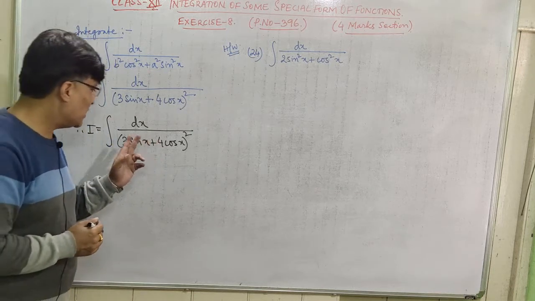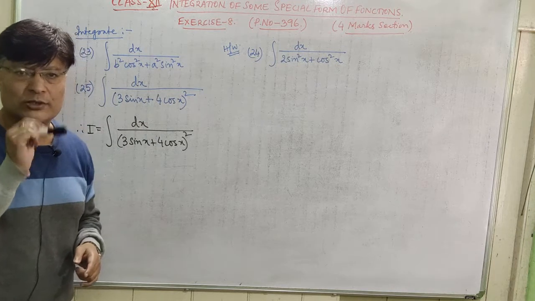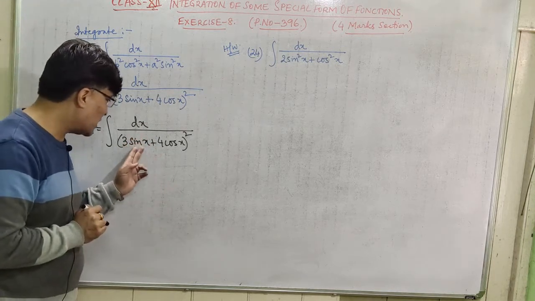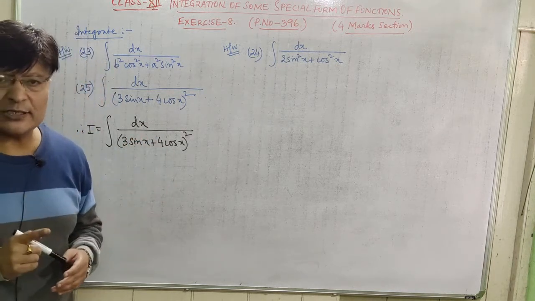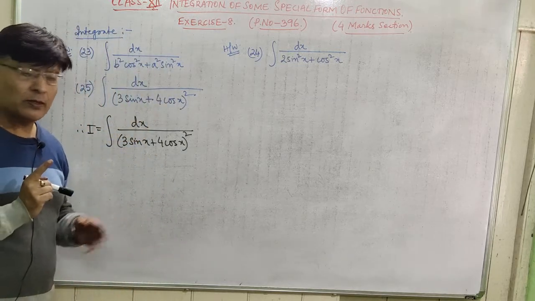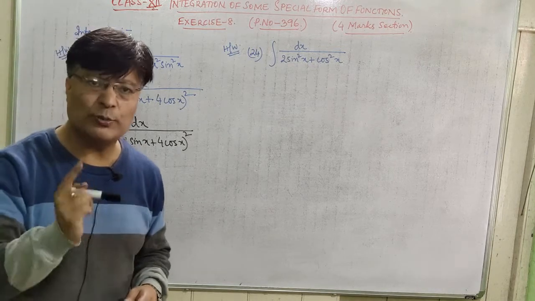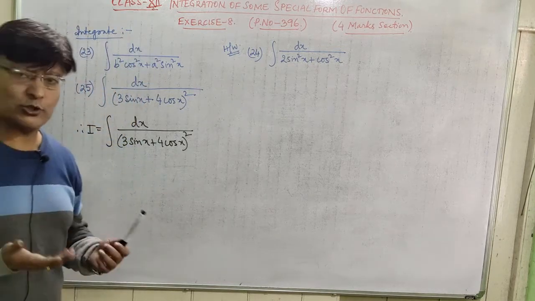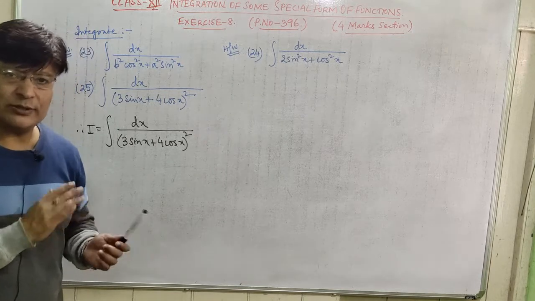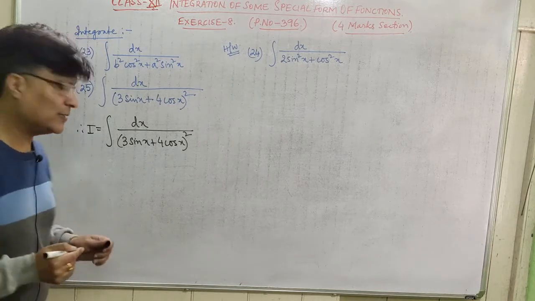Okay. So in this case also you should divide both the numerator and the denominator by cos square x, because if you expand it you will get sin square x, cos square x and sin x cos x form. Let us convert them into tan x and sec square x form, and you can assume tan x as z, right?